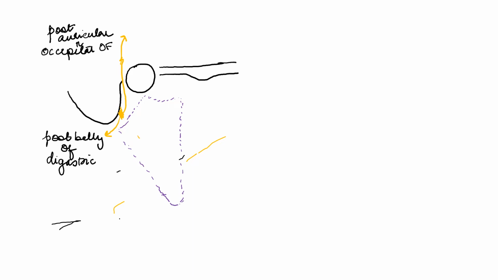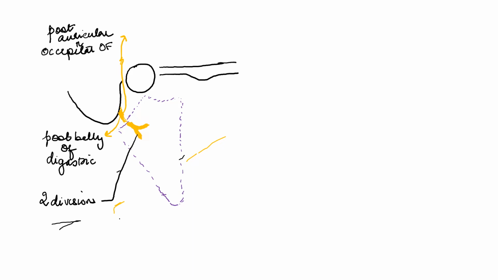Now the nerve enters the medial surface of the parotid gland, and within the parotid gland, it divides into a temporofacial and a cervicofacial division. So we have the two divisions here. Please label them clearly. This one would be the temporofacial division and this is the cervicofacial division.